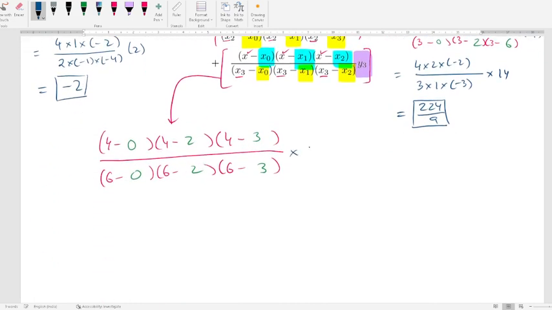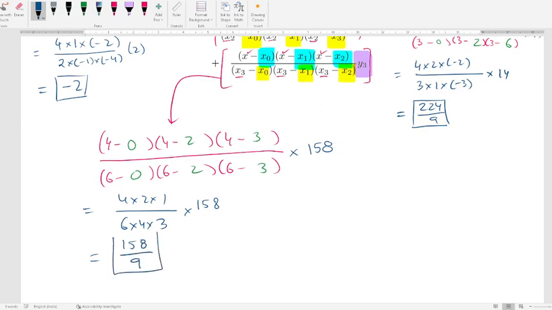So multiplied by 158, right? Okay. So we get 4 multiply 2 multiply 1 divided by 6 multiply 4 multiply 3 and multiplied by 158. Things get cancelled out, and we shall get 158 divided by 9, right? So these are the four values we get.